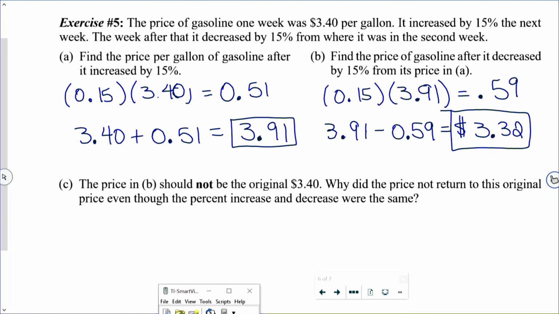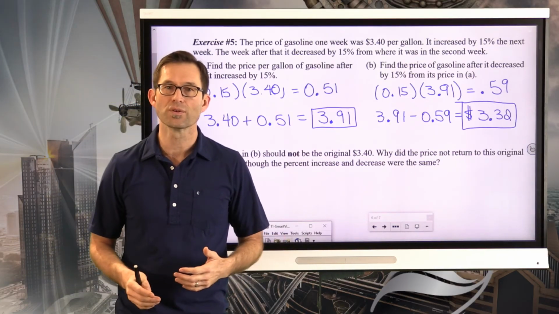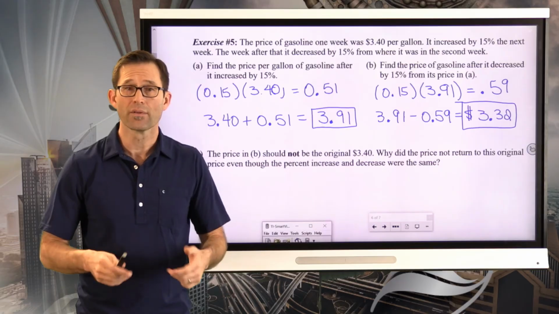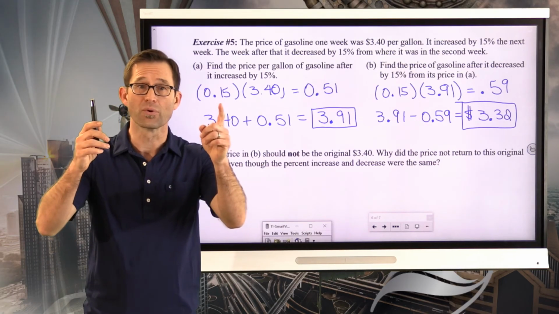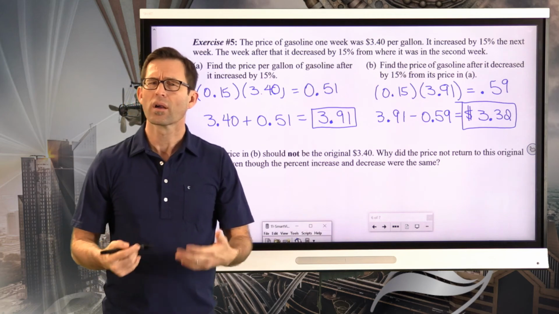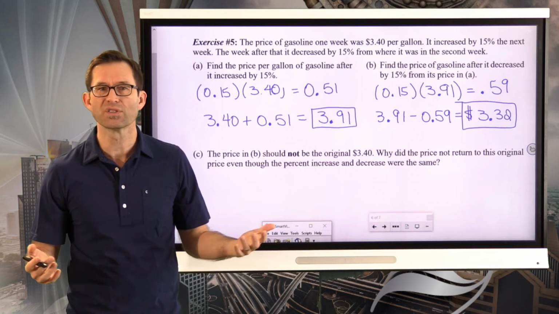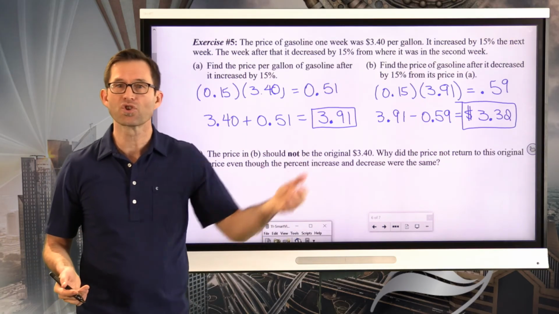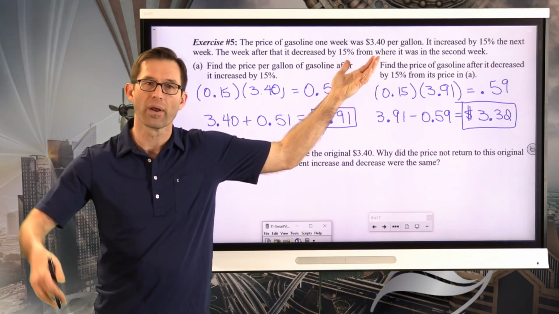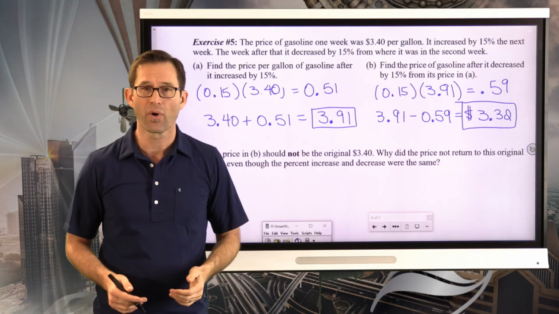Let me move this out of the way. Now, this is really rather strange because the price of our gasoline went up 15% and then it went down 15%. So common sense would say, well, then we should be back to the price we started at. I mean, if we started at $3.40 and we went up 50 cents and then we went down 50 cents, we'd be right back at the same price.